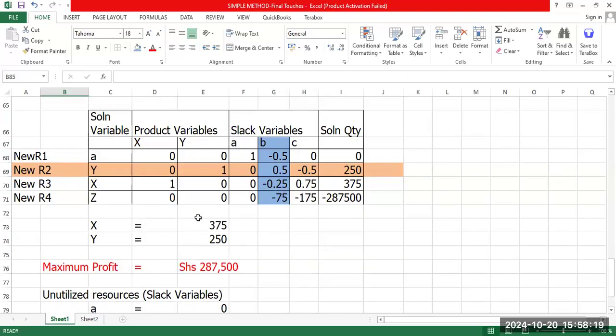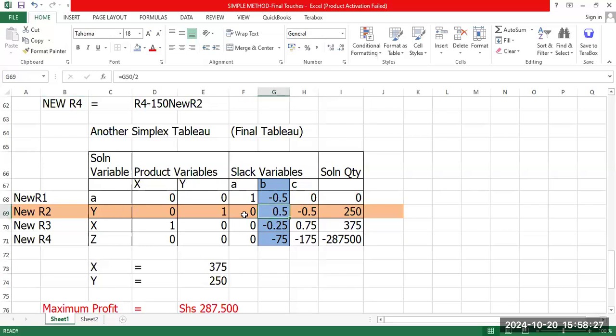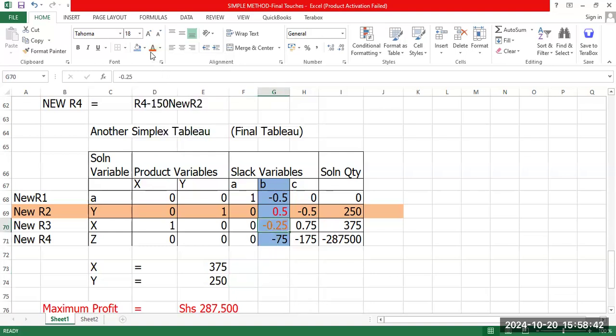What you're going to do is, are you seeing here this value 0.5 and negative 0.25? Once you understand this, it will be easy for all of us. This 0.5 is corresponding to y, then negative 0.25 is corresponding to x.